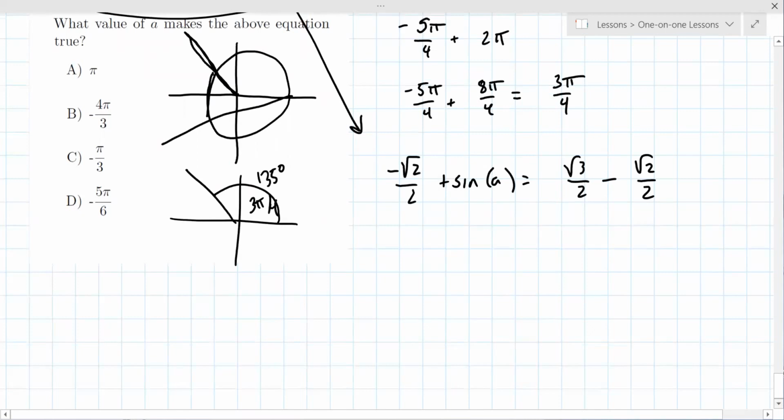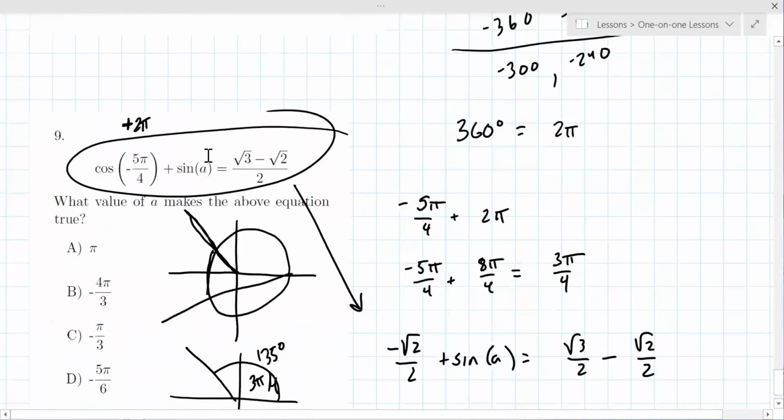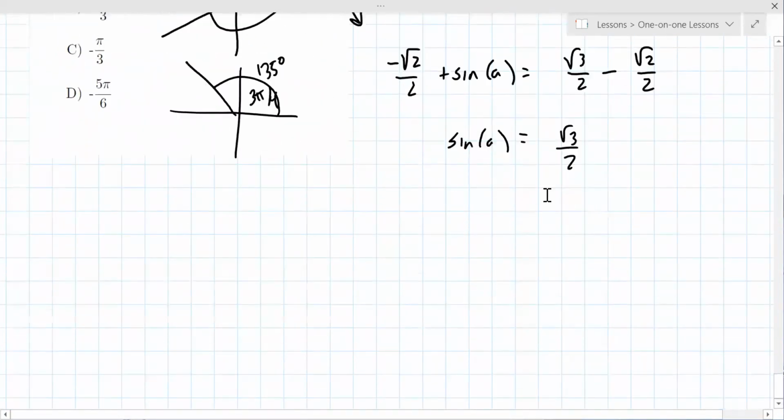There are many places that do it, but these are in radians. So where's the y value? Square root of 3 over 2. And you have to do it in radians this time. It's pi over 3, comma, 2 pi over 3.